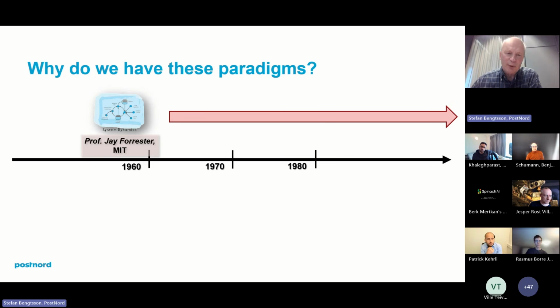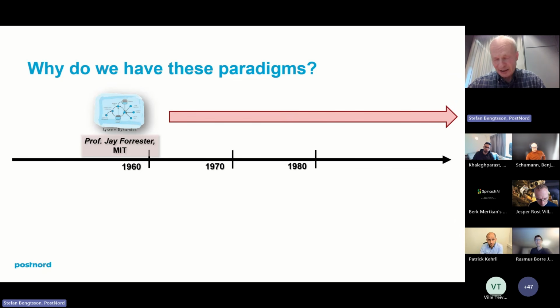So why do we have these paradigms? Well, once upon a time, I think it was 1959, there was a guy connected to Boston and MIT, Professor Jay Forrester. He was really a technician, as I understand it. He was good in electronics. He was good in control science. And he, of course, knew from control science and electronics how to think in terms of systems.